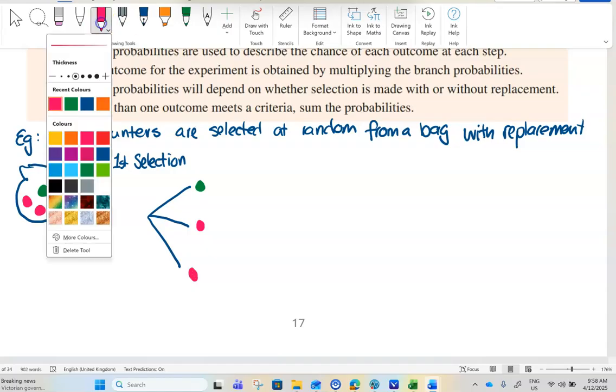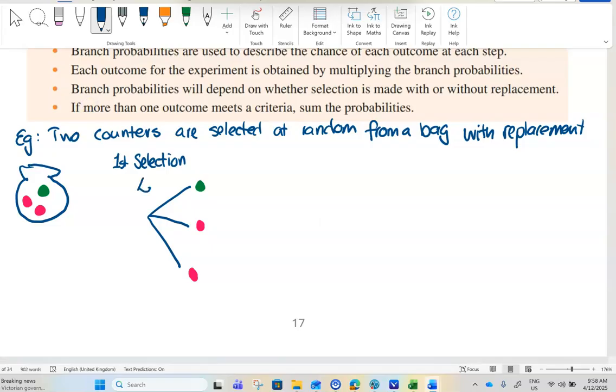So here's our little bag, with the first selection. And then we'd have the second selection. We put the counter back that we picked, and we do it again. So when we do it again, we have the same 3 options that could have happened.